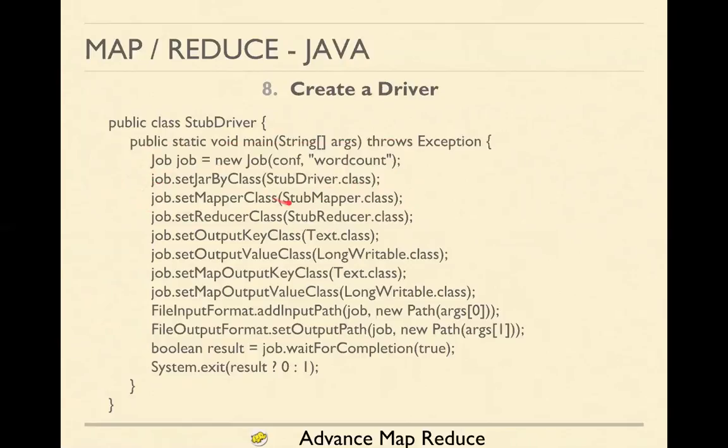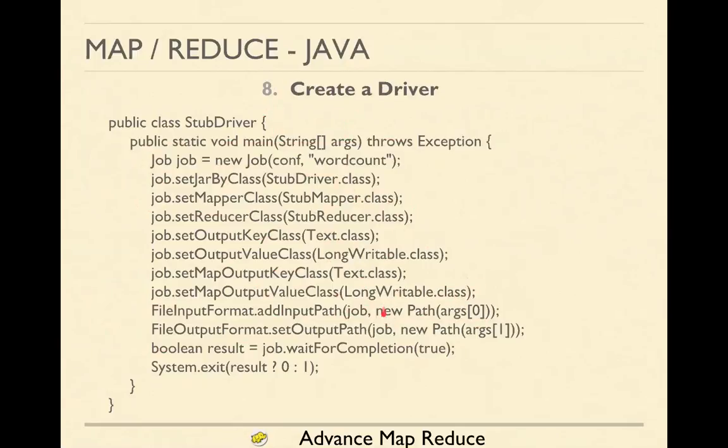We define a job and then set all the parameters. Here we are saying the stub mapper, stub reducer, output key class, output value class, map output key class, and map output value class. And then we are adding the input paths. We are saying FileInputFormat.addInputPath(job, ...) and passing the argument whatever people pass when running this command.